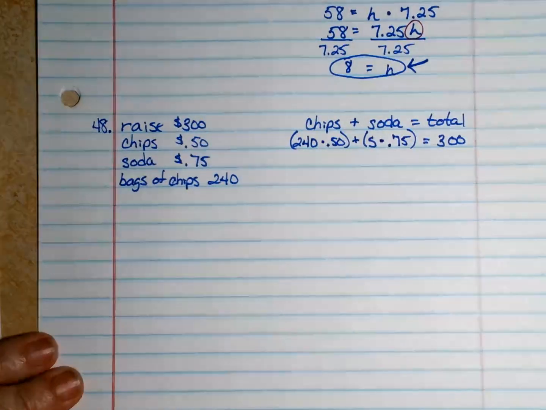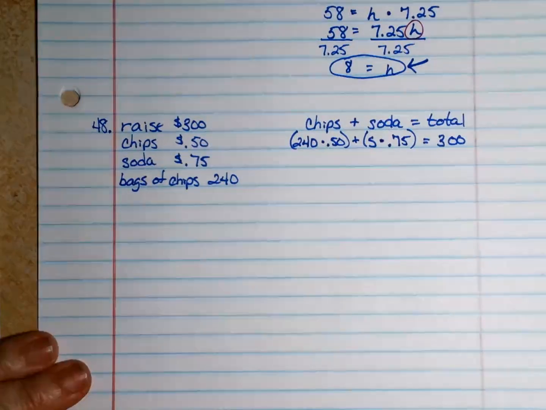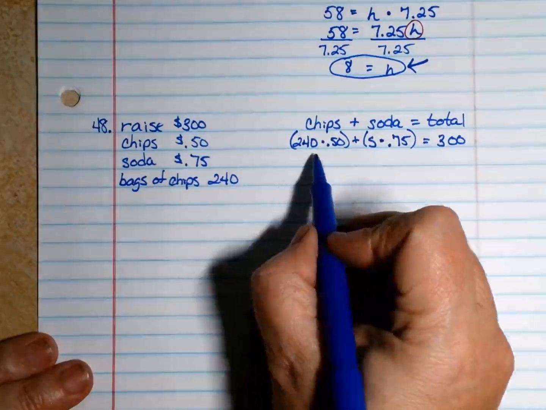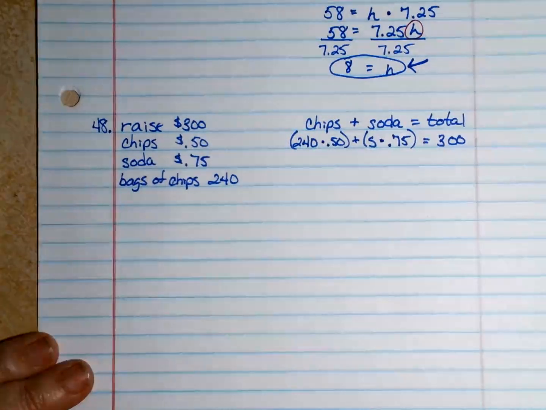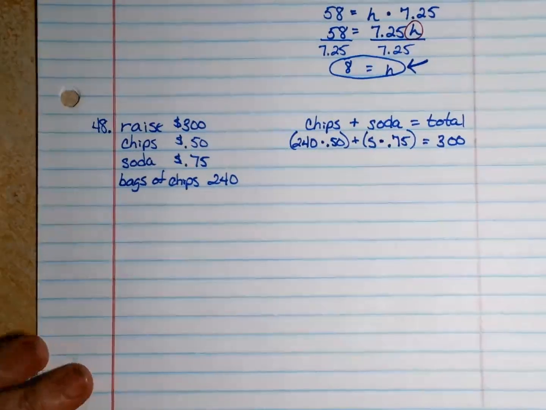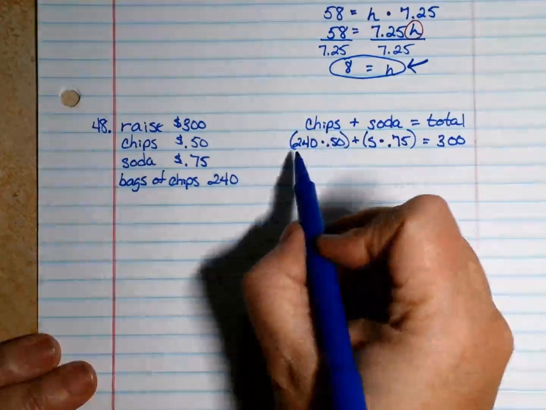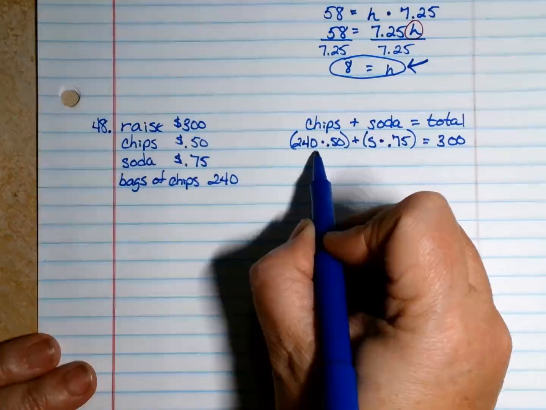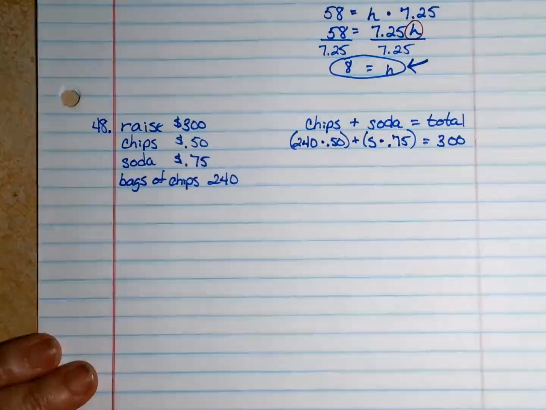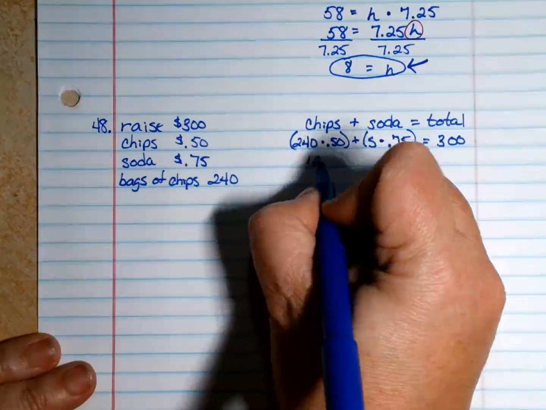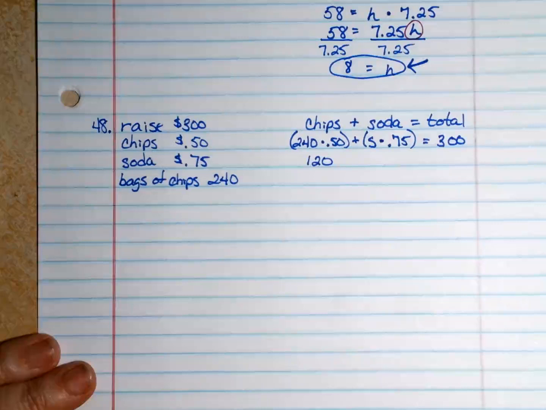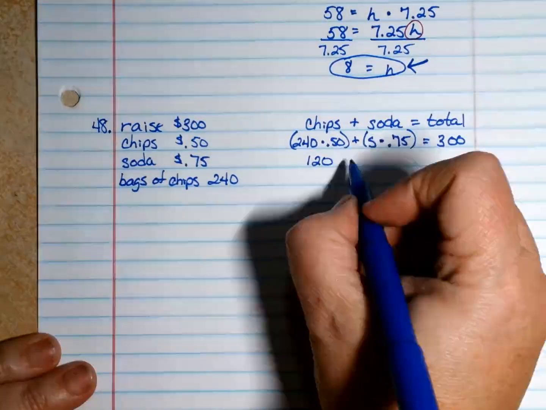If we figure this out, this should tell us how many cans of soda they need to sell. So 240 times 0.5, or 50 cents, is the same as 1/2, which is the same as dividing by 2. So in my head, I can say that 240 times 50 cents, they're going to make $120 on their chip sales.